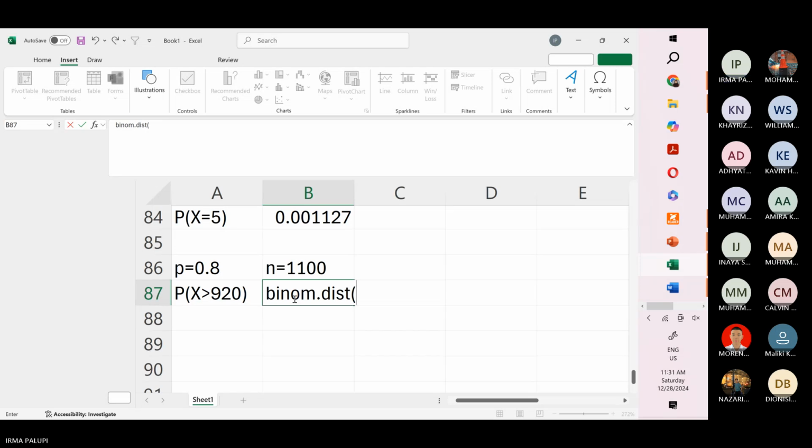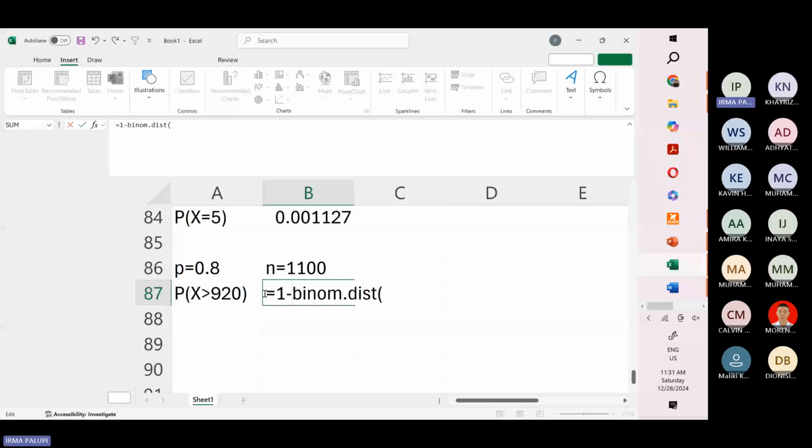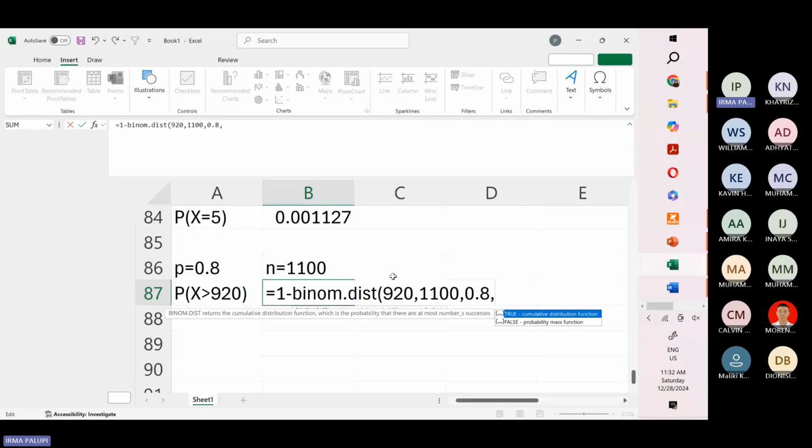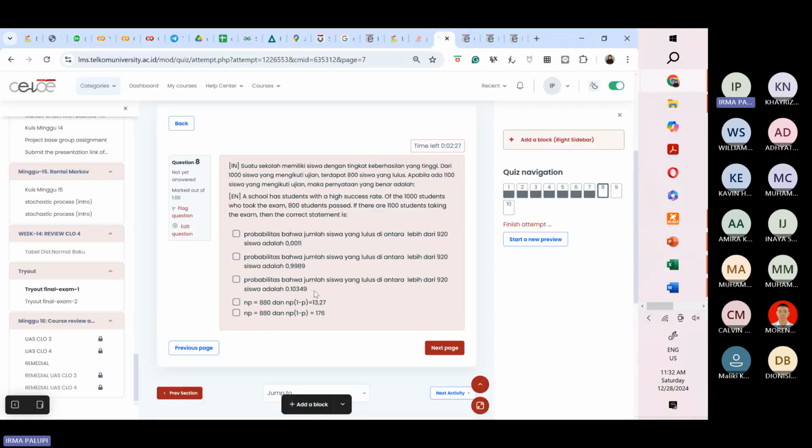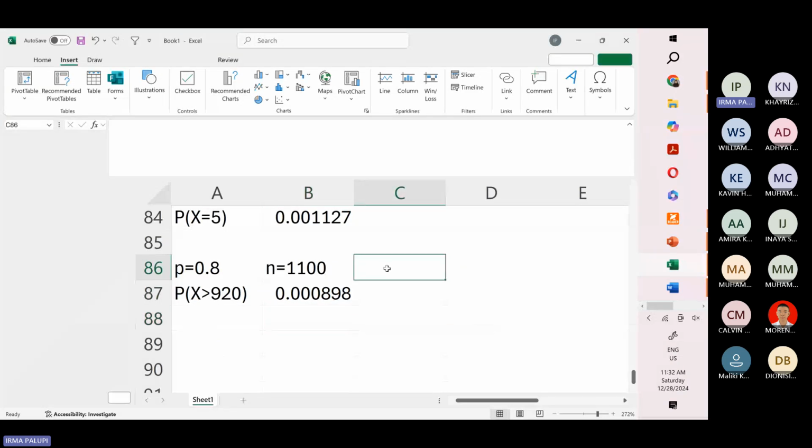We can check. This is equal to 1 minus the probability of X less than or equal to 920. It's 920, comma, the number of trials is this one, the probability of success is 0.8, and we need to find the cumulative, right? So this is the answer when X is binomial.